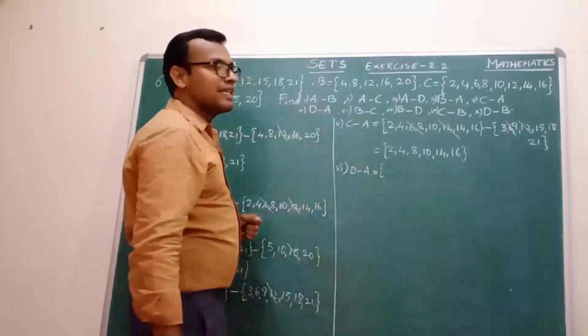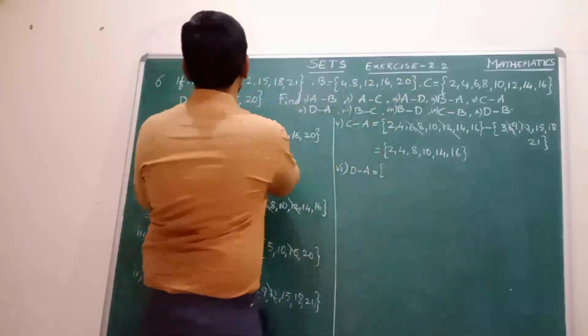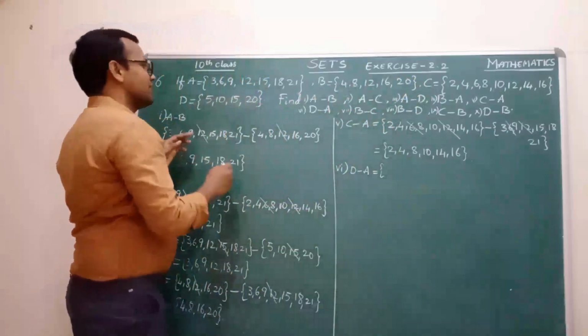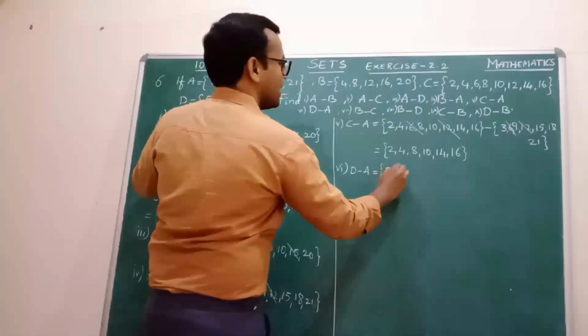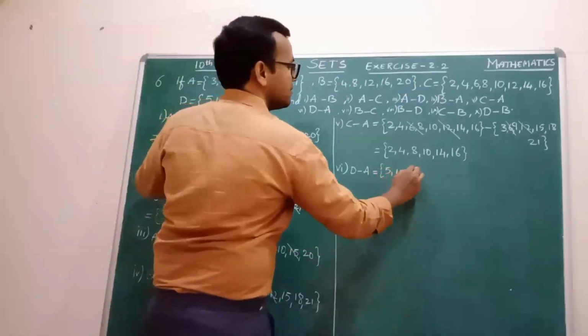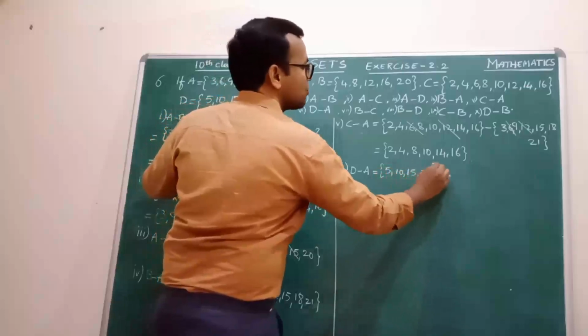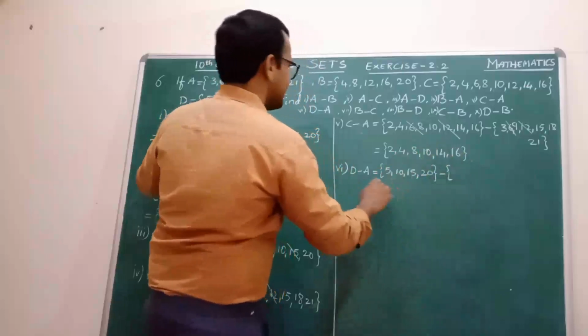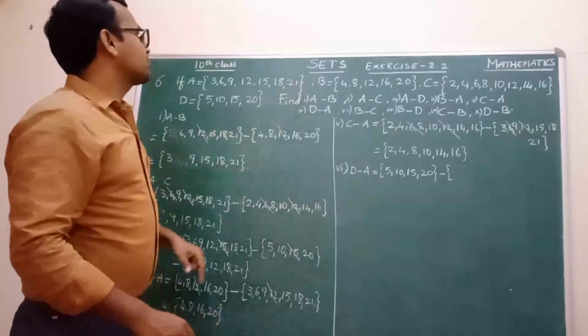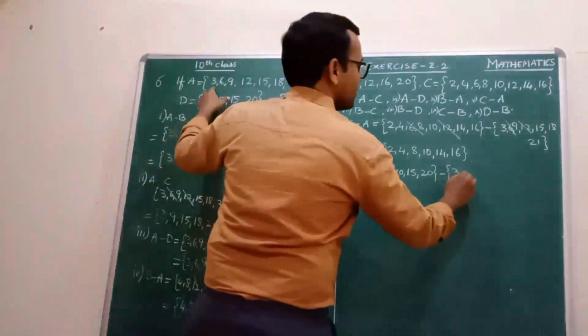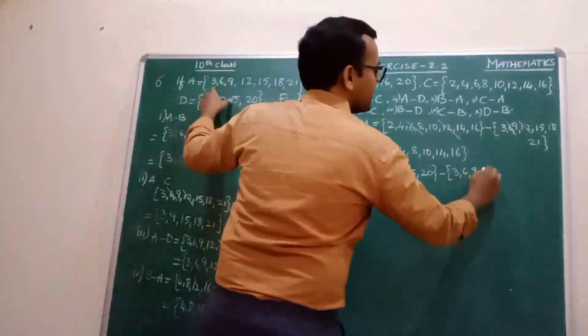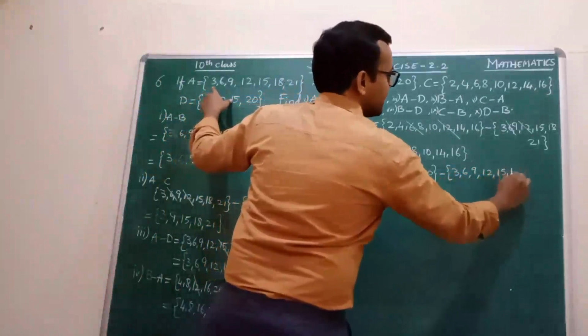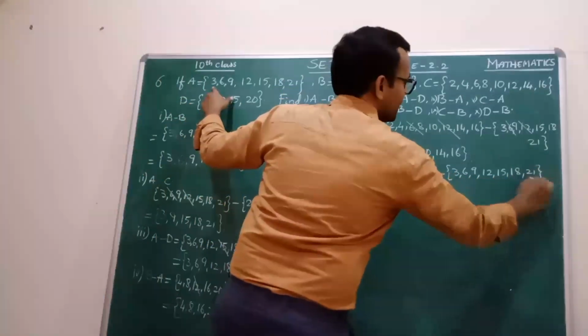First we need to write set D. So what is set D? Set D is the multiples of 5. 5, 10, 15 and 20 minus set A. Set A is the multiples of 3. 3, 6, 9, 12, 15, 18 and 21.